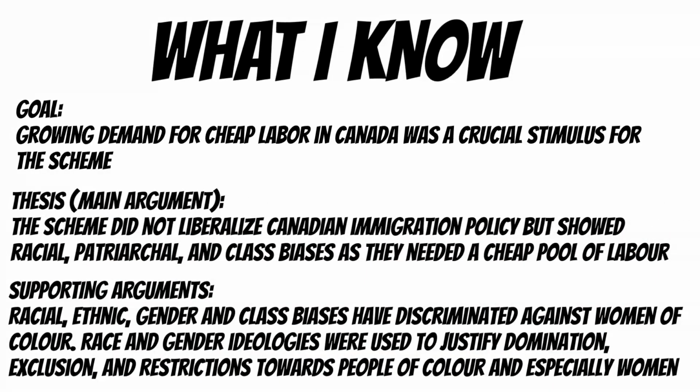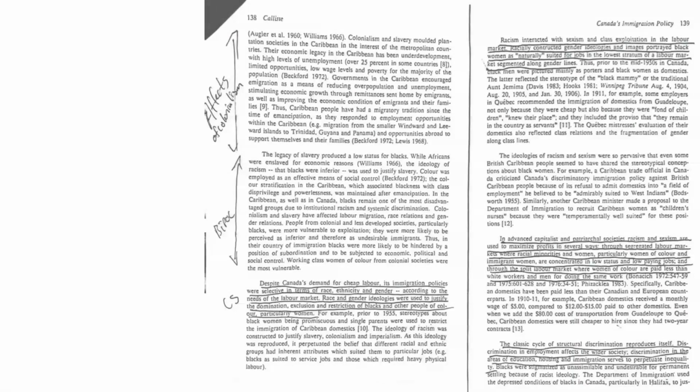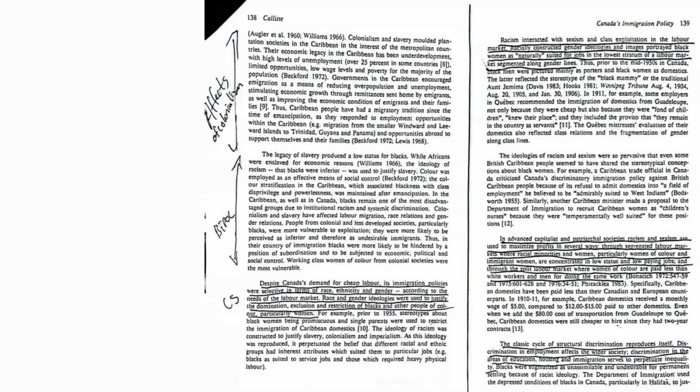To support this, they argued racial, ethnic, gender, and class biases have discriminated against women of color. Race and gender ideologies were used to justify the domination, exclusion, and restrictions towards people of color and especially women. After knowing this information gathered by identifying the goal, thesis, and two controlling statements, I knew that this article is useful for my paper.